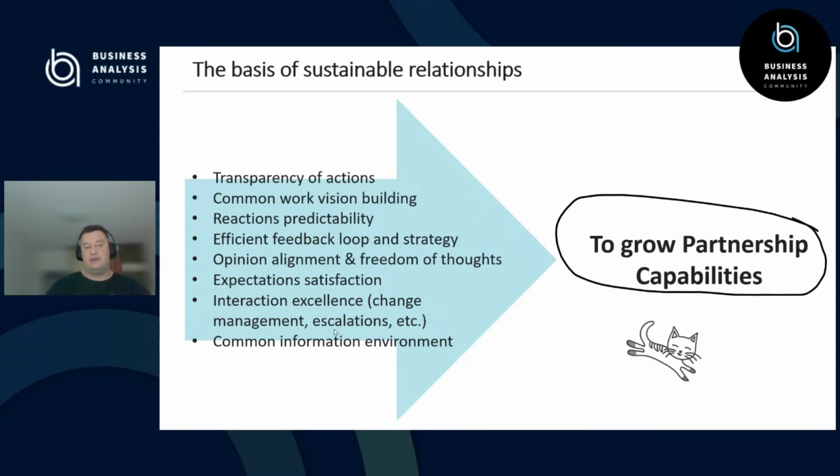Let's go forward. Opinion alignment and freedom of thoughts. These are obvious things, but sometimes, I can't say very often, even in experienced teams, we have issues related to freedom of thoughts. Why? Because when we are ready to share our thoughts in a free manner, we are open. We are going to build an open-mind strategy in our life and in our interaction with clients.